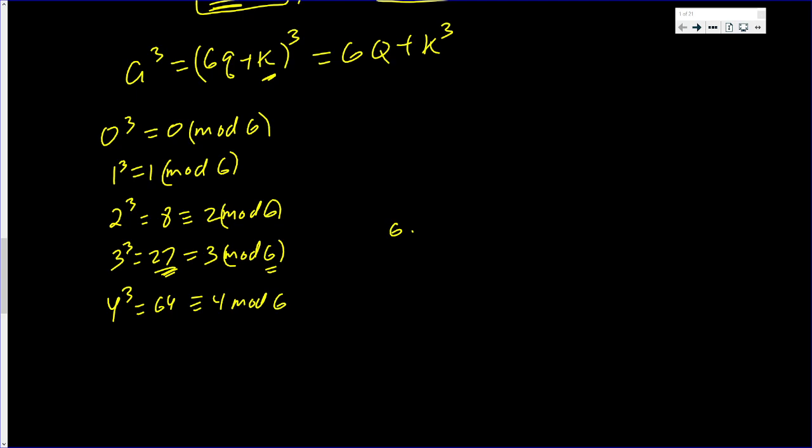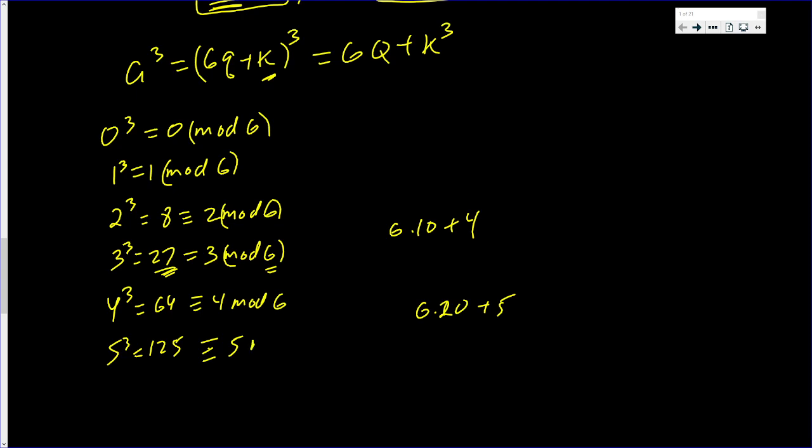6 times 10 is 60 plus 4 more. Now 5 cubed is 125. Well, 6 goes into 120. 6 times 20 is 120 plus 5 more.